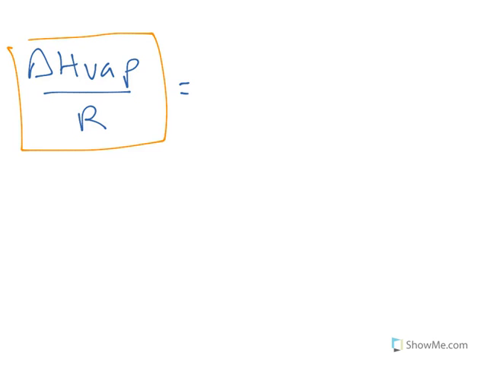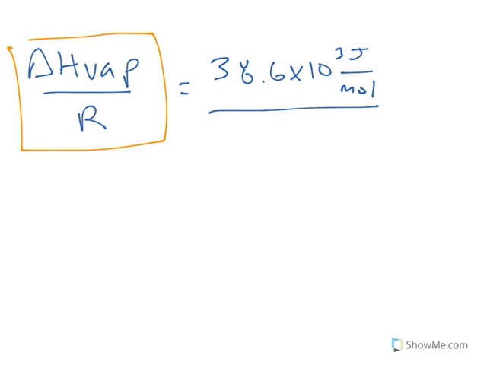All right, so that is the 2 constants, 38.6 times 10 to the third joule per mole divided by 8.314 joule per mole K. So you'll see now that my joule per moles will cancel, and I just simply punch this quotient into the calculator.